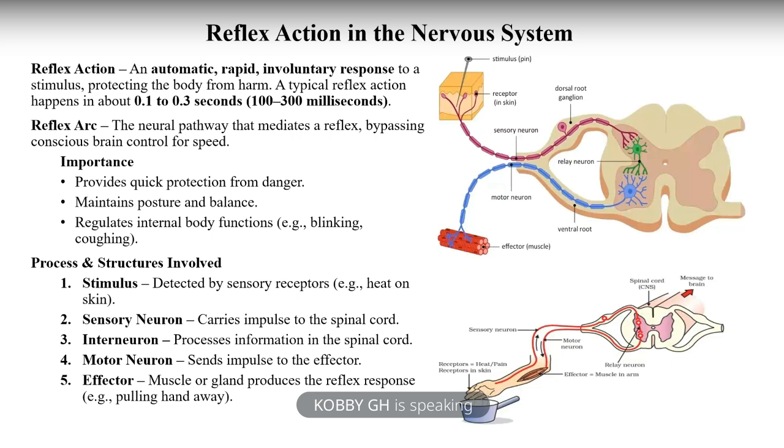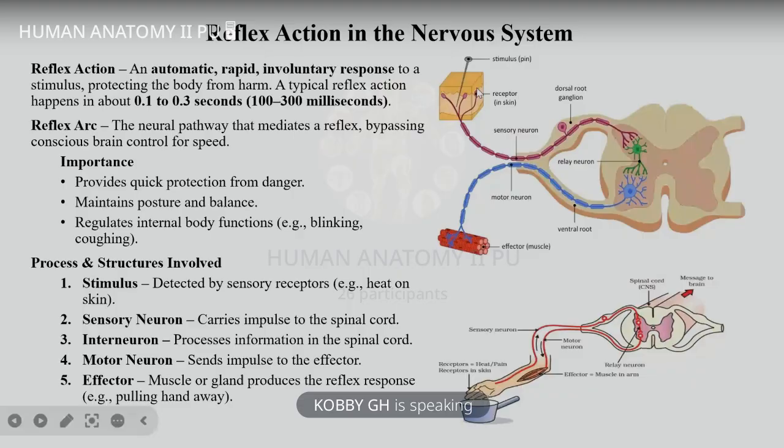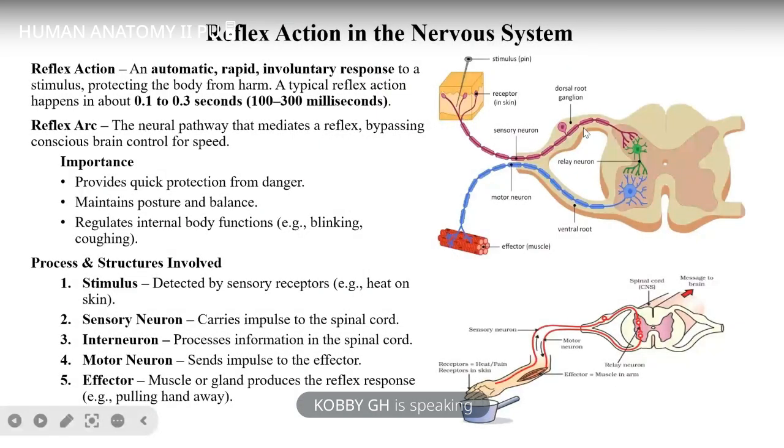The sensory receptors in the skin or part of the body will pick up the signal. The signal will be transmitted along the sensory neuron, which will relay it to the relay neuron. The relay neuron receives the information, then transmits it to the motor neuron.